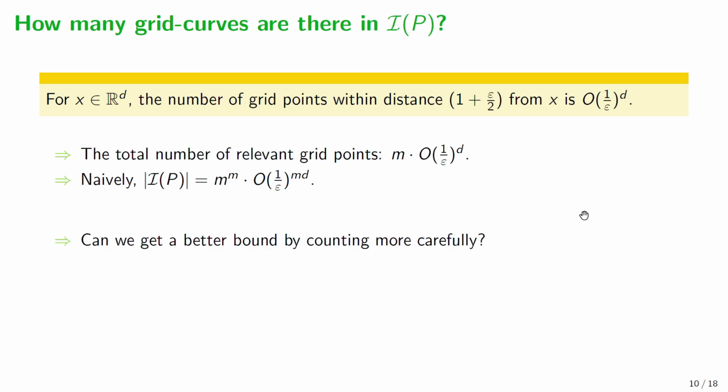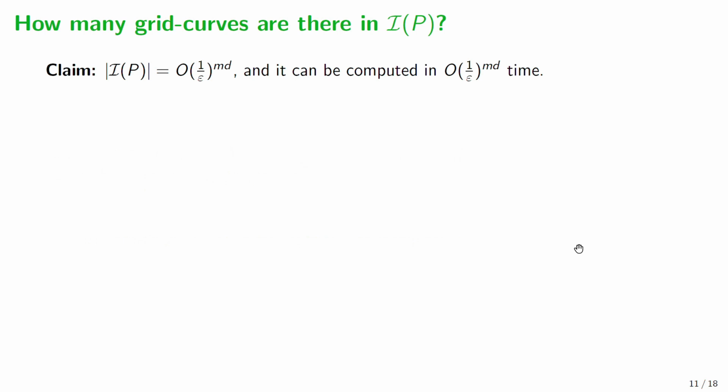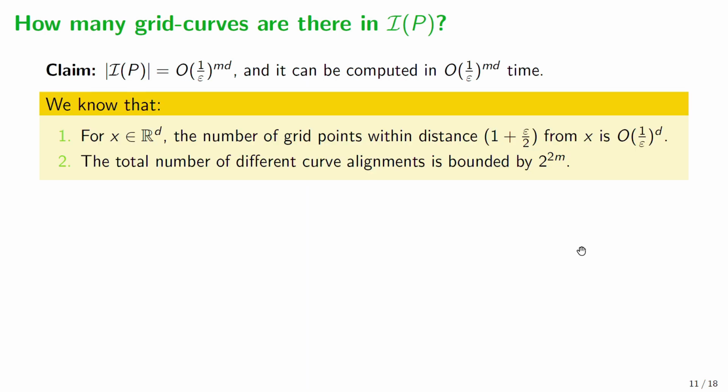And naively, the number of grid curves is bounded by this number to the power of m. But can we get a better bound by counting more carefully? I claim that we can get 1 over epsilon to the md, and that we can also compute I of P in this time. So we know that the number of grid points in one ball is order of 1 over epsilon to the d, and that the total number of curve alignments is 2 to the 2m.